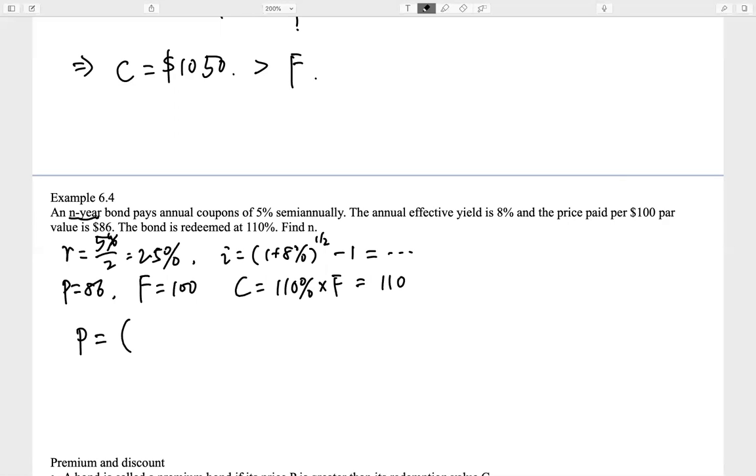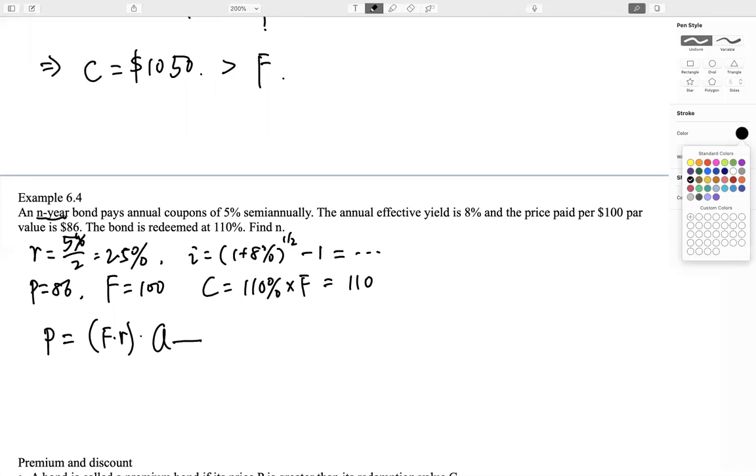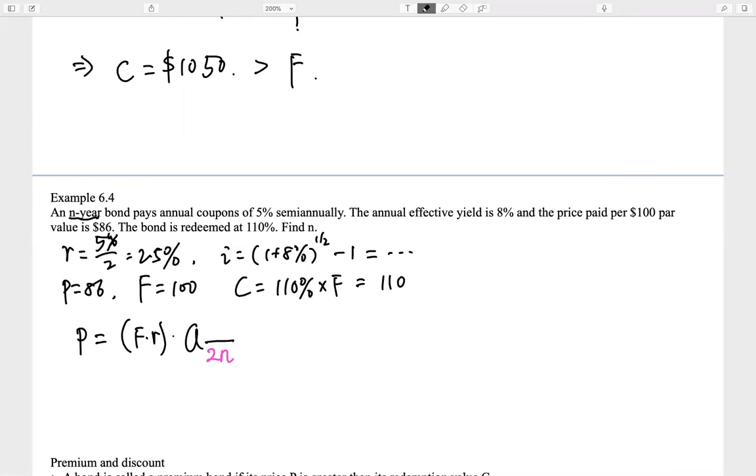Okay, so F times R, A. Let me use a different color because they use n with a different meaning, right? n is the number of years. In our standard notation, n is the number of payments. So here it would be 2n. So we should bring the textbook, right, by introducing different notation.